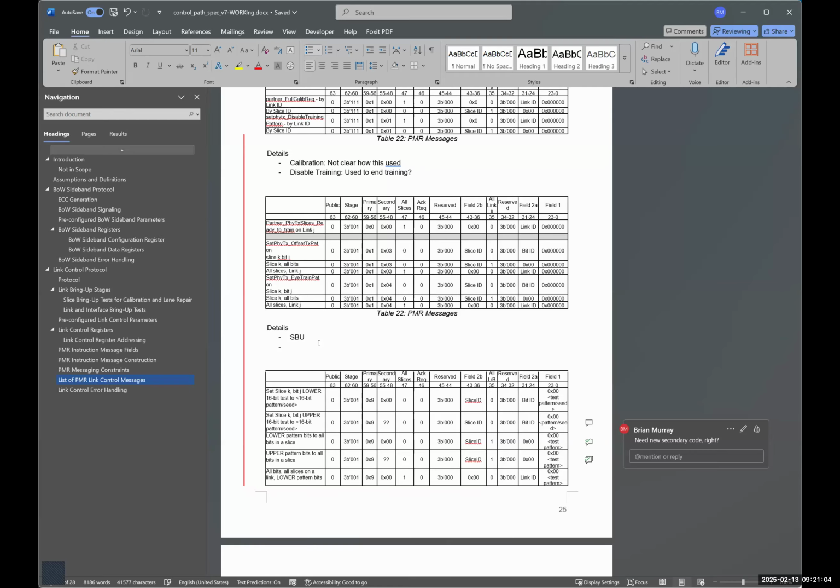So when each side has completed the TX calibration, it has to send an indication to the other side saying, okay, my TX is done, so if you are ready, you can begin your RX calibration. That's the reason why we need this ready to train indication from each side to go to the other side, so that the other side can start RX calibration.